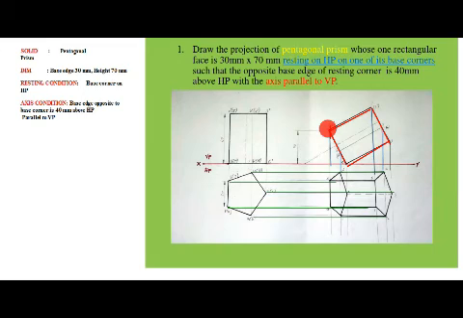Similarly, intersection of A dash and A, you will get the point A here. Similarly, intersection of 3 and 3 dash, you will be getting point 3 here. Similarly, intersection of C and C dash. Similarly, find out all the remaining corner points.